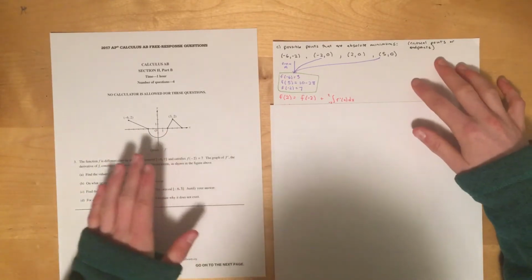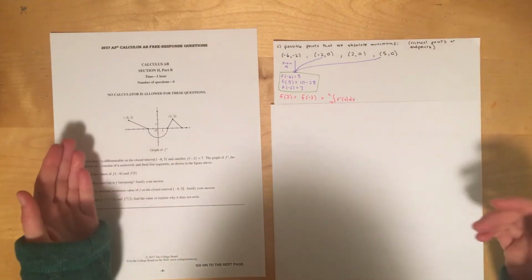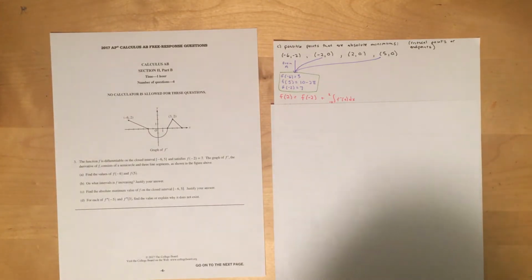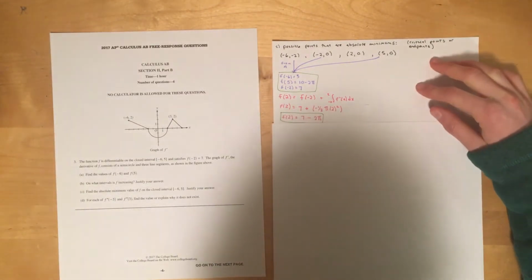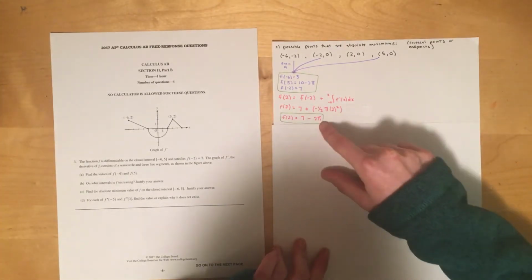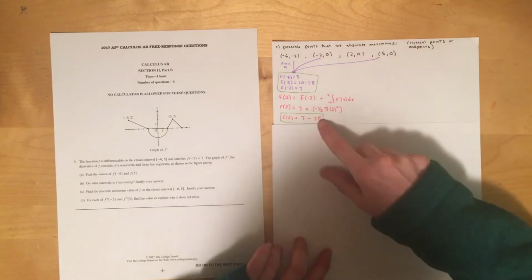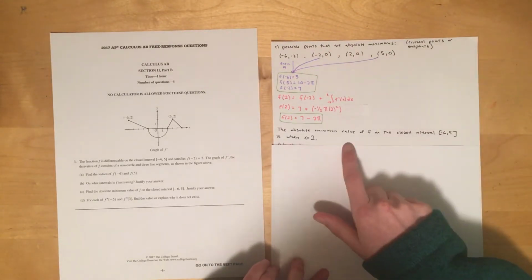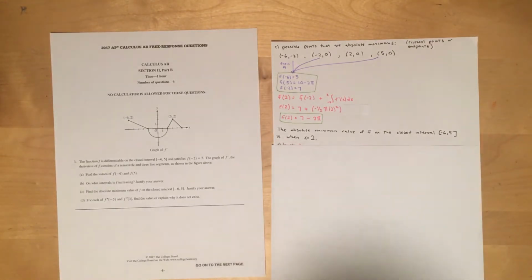You use the semicircle, so in this case it would be minus 1/2 pi times 2 squared, and you get 7 minus 2 pi. Since f of 2 is 7 minus 2 pi, in relation to all the others this is the lowest number. Therefore, the absolute minimum value of f on the closed interval -6 to 5 occurs when x is equal to 2.